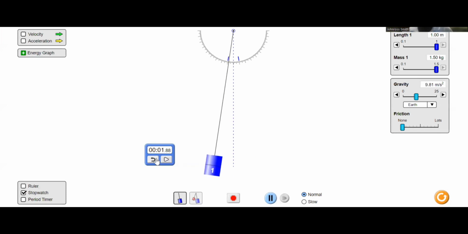And the reaction time is how fast we can start or stop the stopwatch. And therefore, if we want to time a full oscillation, the reaction time will take part in delaying the accuracy of the time. So if we time it for a longer period, then it accounts for the reaction time. So hence we get a more accurate value.